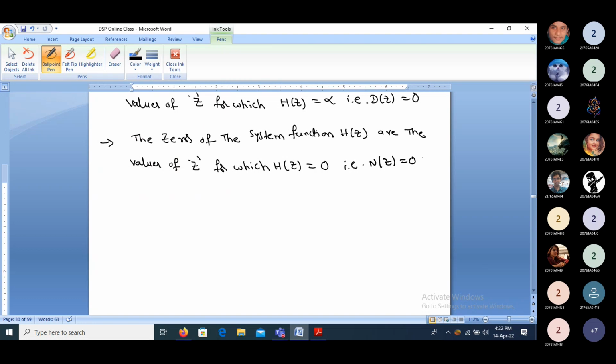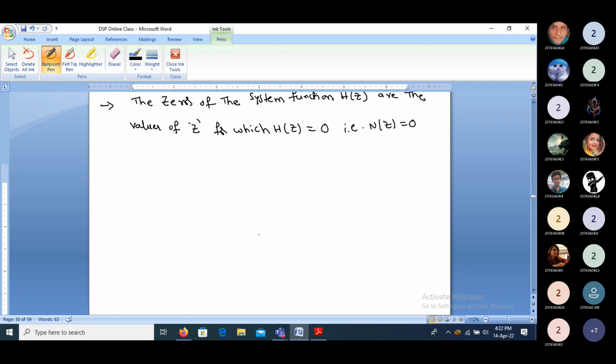So finally you can conclude how we calculate the poles and zeros of the system: if the numerator is equal to 0, we get the zeros of the system; if the denominator is equal to 0, we get the poles of the system. How can we plot the poles and zeros on the z plane?